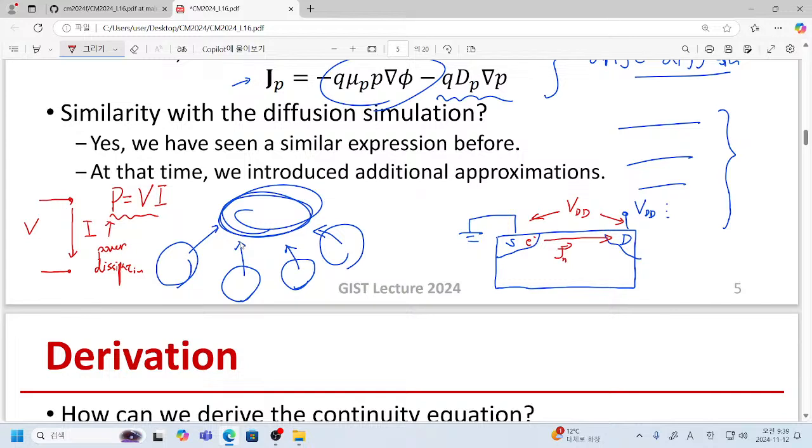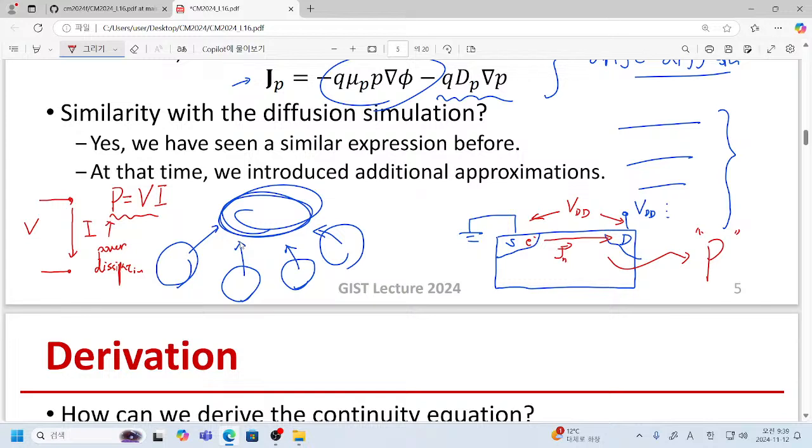So simply speaking, since we have voltage difference and current conduction, there will be a certain power dissipation. The power dissipation means that now the electron loses its energy and it is transferred to the lattice system.